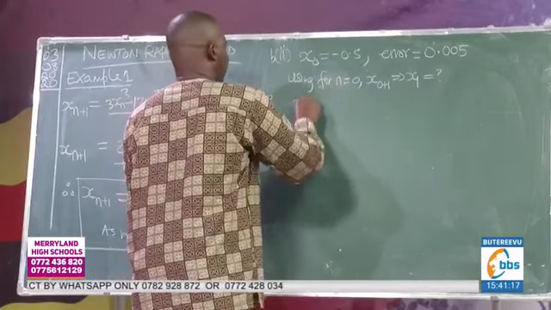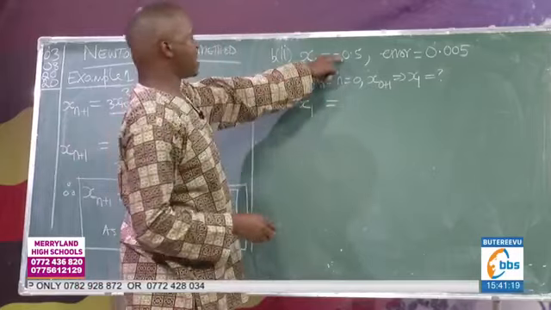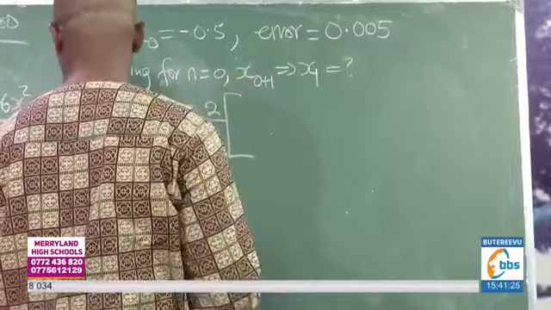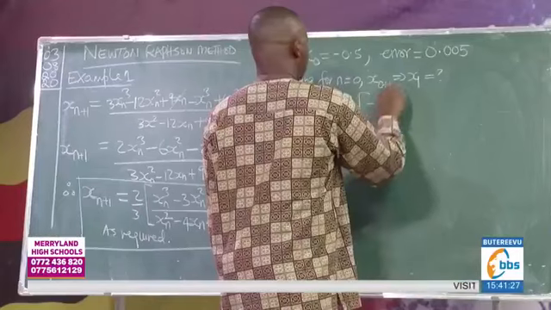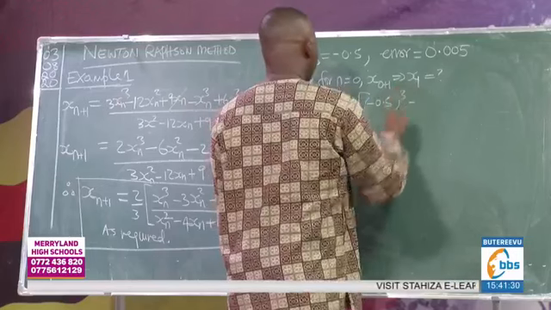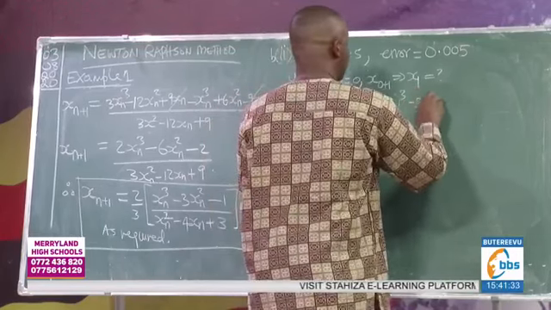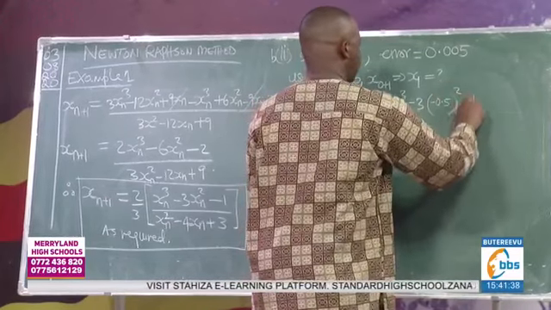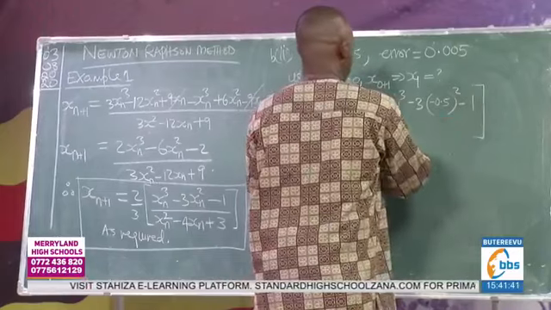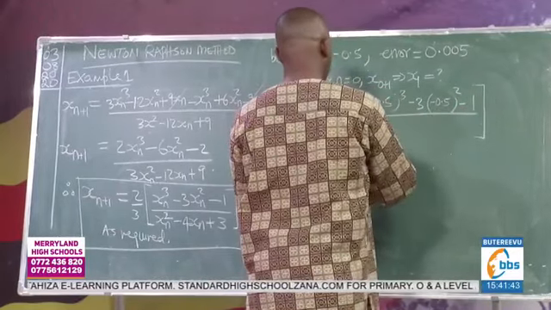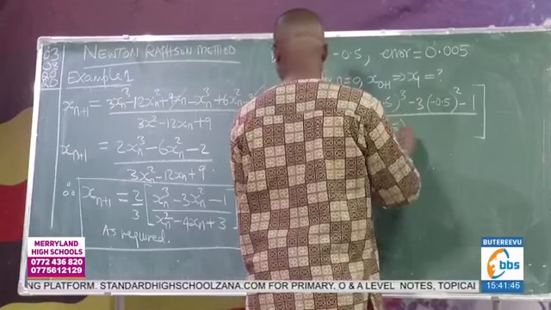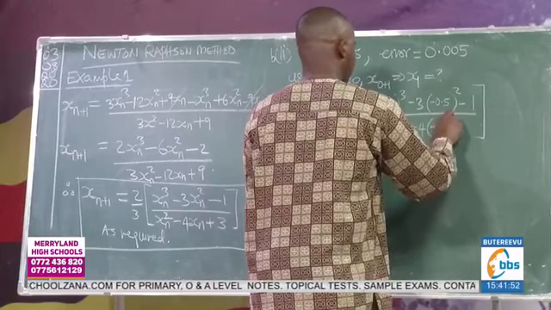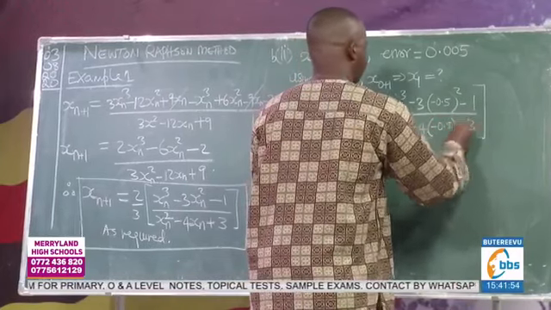So our x1 is obtained by feeding in this: 2 out of 3 into negative 0.5, this is cubed, minus 3 into negative 0.5, this is squared, minus 1, everything over our negative 0.5, this is squared, minus 4 into negative 0.5 plus 3.